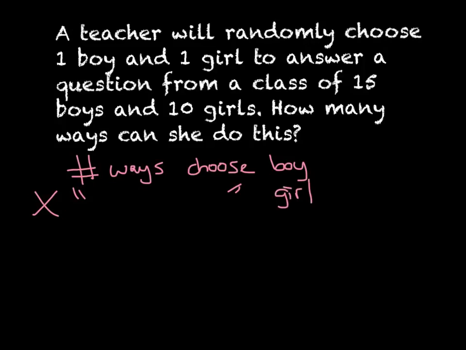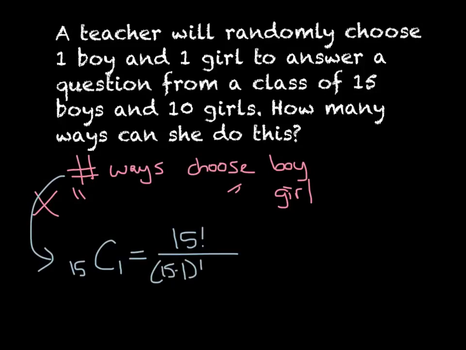Alright, so the number of ways she can choose a boy is combination 15, 1, or 15 factorial over 15 minus 1 factorial times 1 factorial, which is just 15.